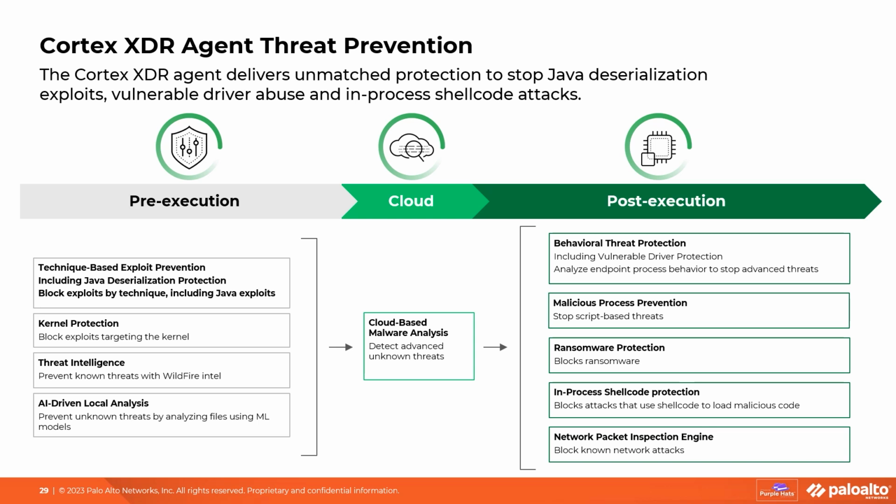For example, injecting into a different process or writing registry keys, making network communication, and so on. And if we decide that there is a combination of malicious attacks or malicious steps, we will prevent that process from doing additional actions.